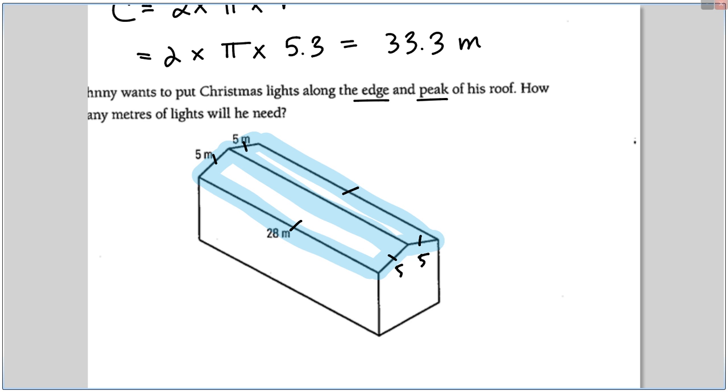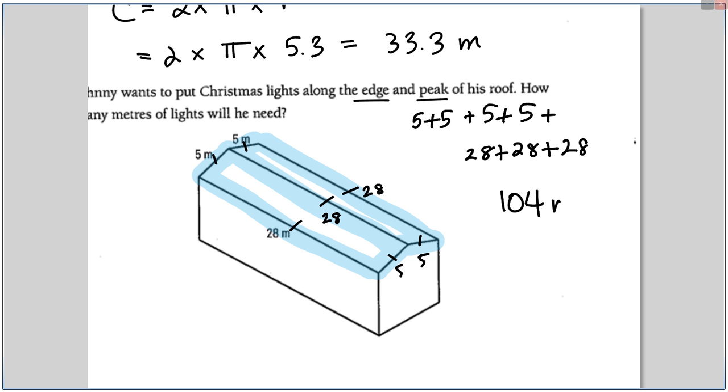This is 28, this is 28, this is 28. So just identify all the side lengths and add them all up. Not too hard there. So 4 5s is 20, 3 28s is 84, so altogether 104, and the unit is meter.